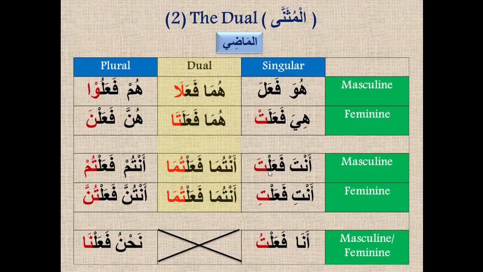Anta fa'alta, antuma fa'altuma, antum fa'altum, anti fa'alti, antuma fa'altuma, antunna fa'altunna. So fa'altuma is the same for both genders. An example would be anta dhahabta, antuma dhahabtuma.